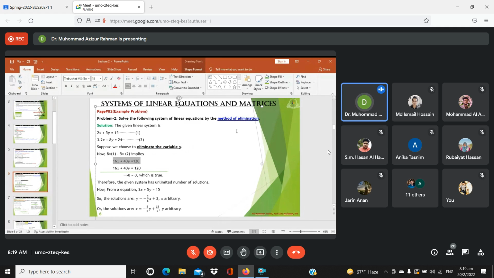Then if we multiply the second equation by 5, it becomes 16x plus 40y equals 120. So we are getting two equations, and we subtract one from the other.